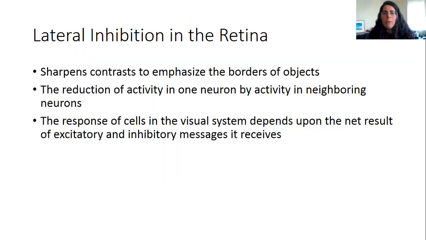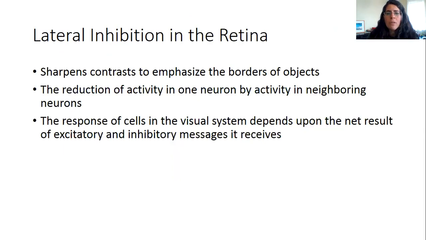And lateral inhibition is the reduction of activity in one neuron by activating neighboring neurons, right? So if one receptor is stimulated, what that's going to do is stimulate a horizontal cell that is going to send an inhibitory message to the neighboring bipolar cell.